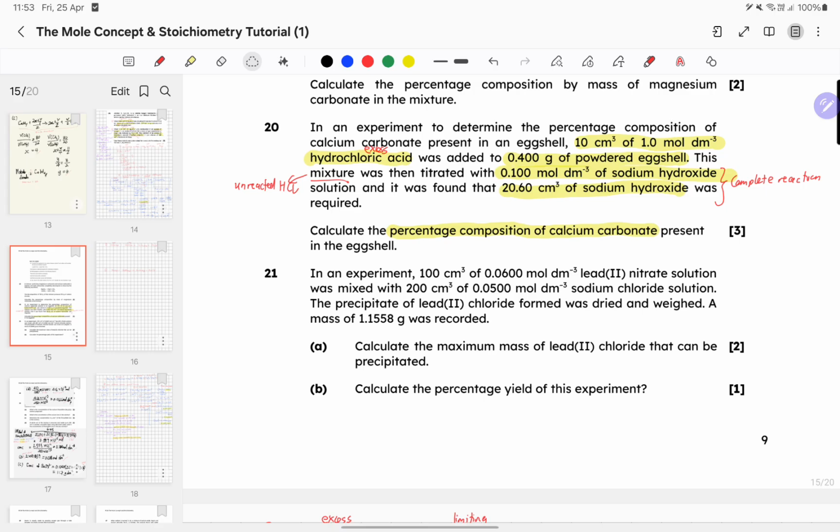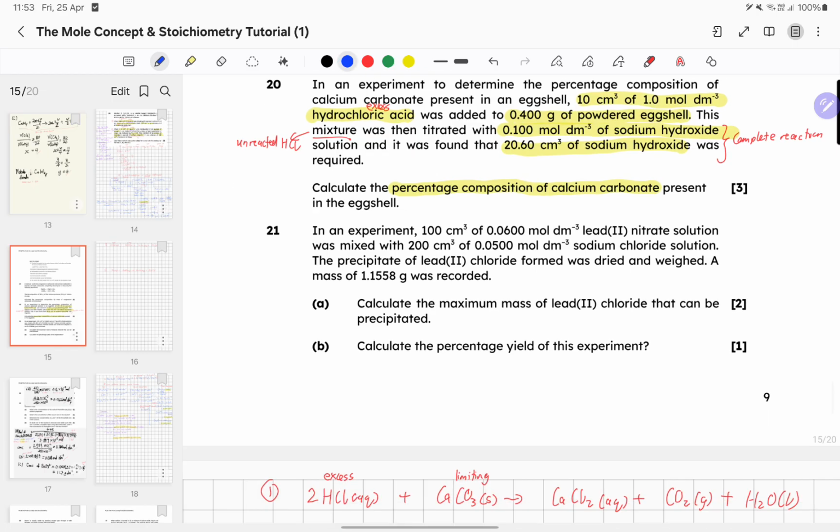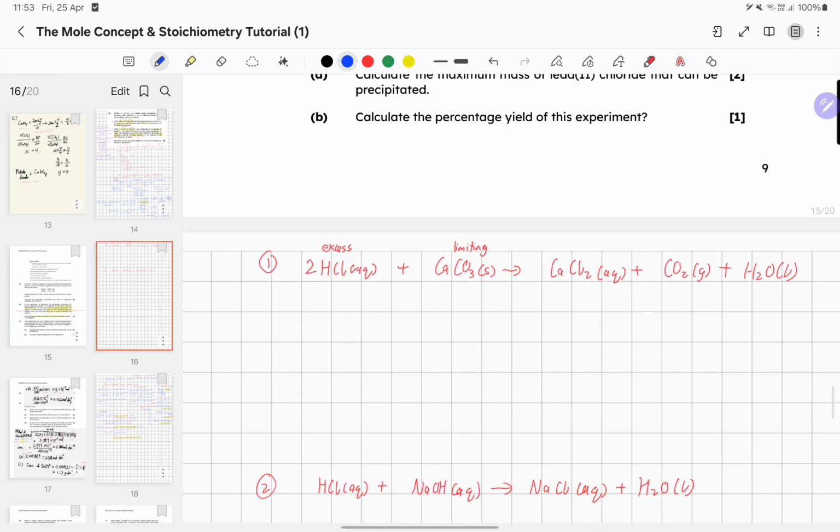Maybe we can actually write some of the information that we are given here. So the volume of HCl, and this will be the total volume. I can actually write this in terms of number of moles.